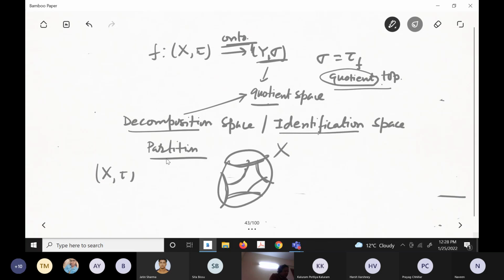Partition is the same as decomposition. Each of them you can consider as a class. Identification comes through this relation: you give this equivalence relation, and that gives you a partition. Now you have a new space Y, such that each class is a point in Y.